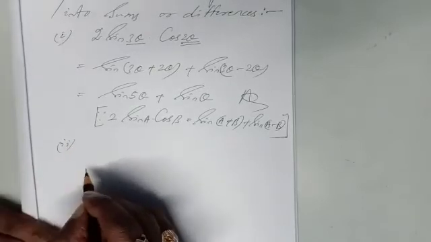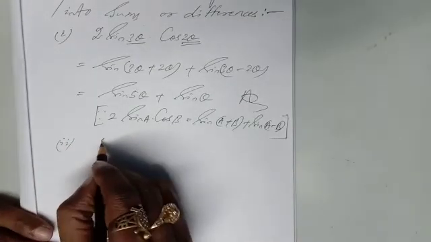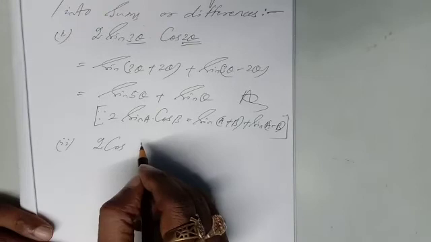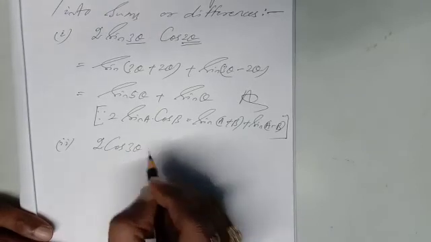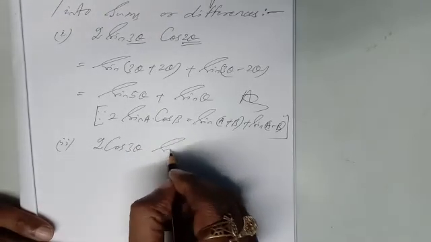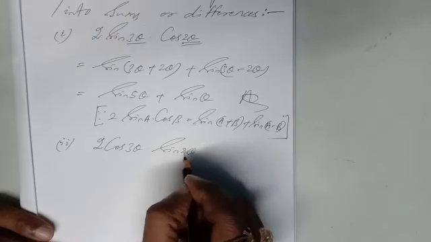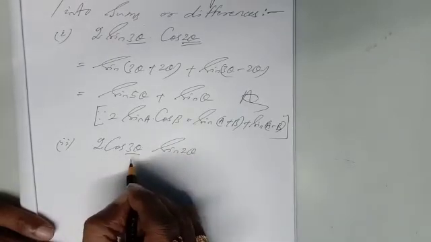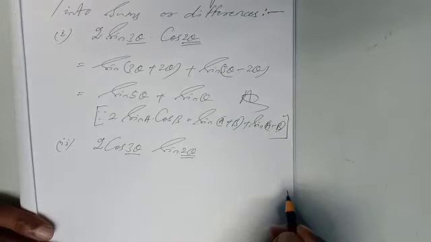The second part question is given 2 cos 3 theta into sin 2 theta. That means here A means 3 theta and B means 2 theta.